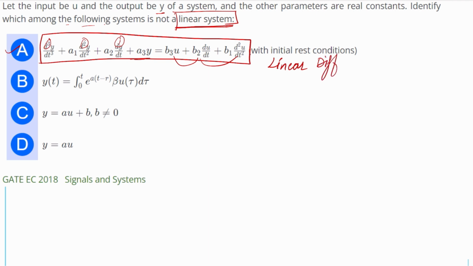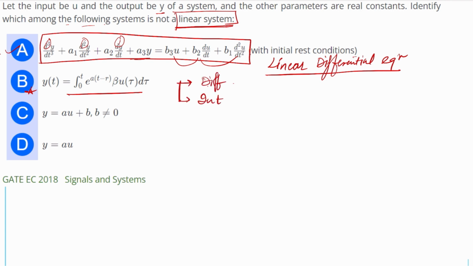So this is already linear. Now, one rule, if I tell you: all the differentiation and all the integration, they are linear systems. Okay, so they both are linear systems. Now we have to check for this.